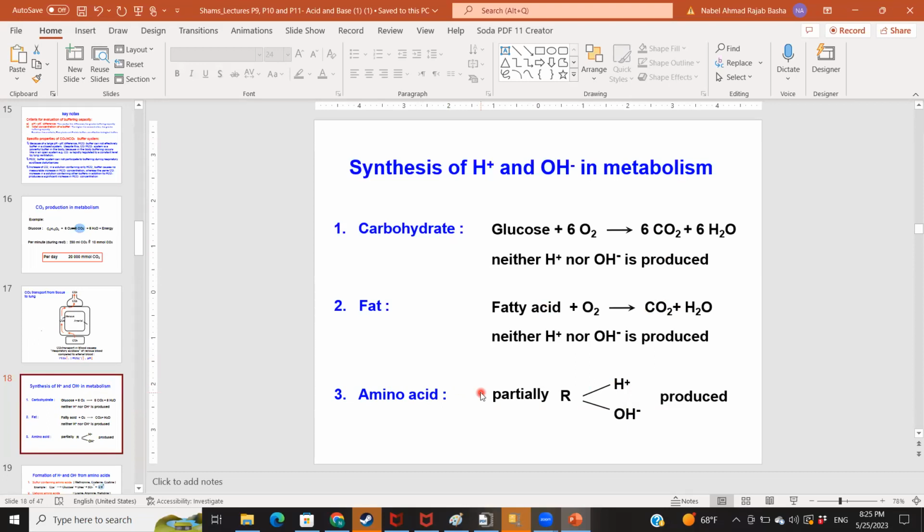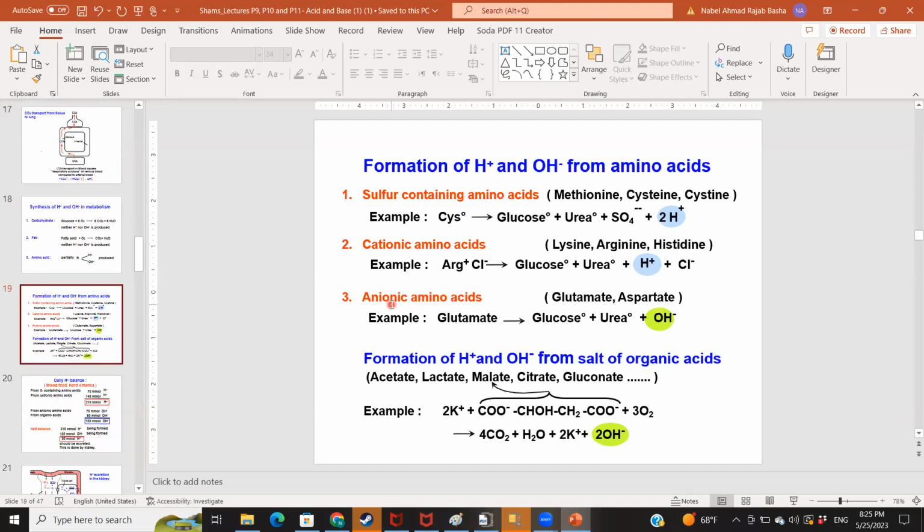This depends on the type of amino acid. Now, we don't need to memorize all of these, but all you need to know is that sulfur-containing amino acids and cationic amino acids produce hydrogen ions, whereas anionic amino acids produce hydroxide.